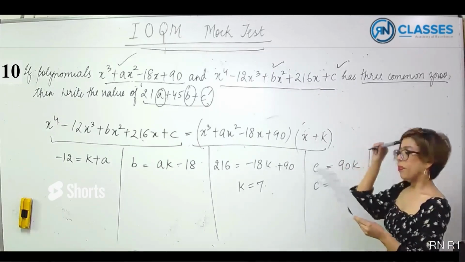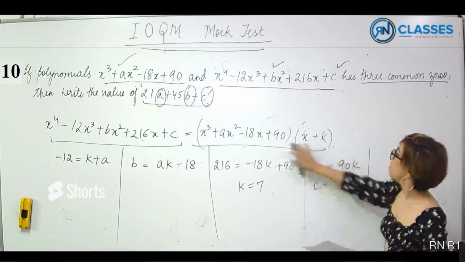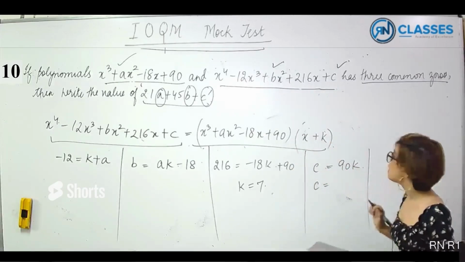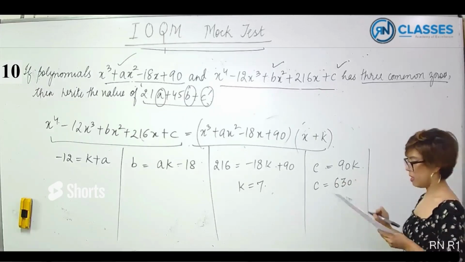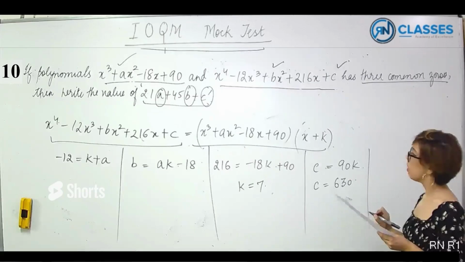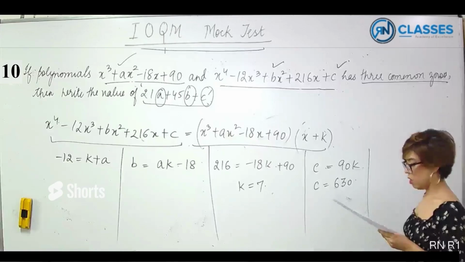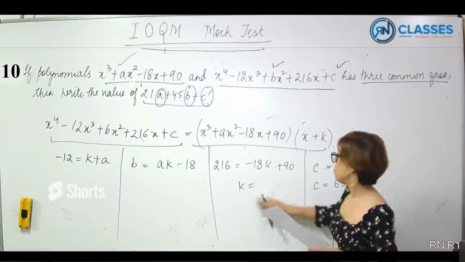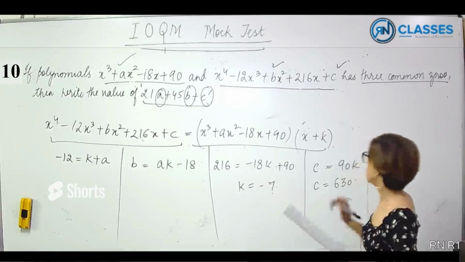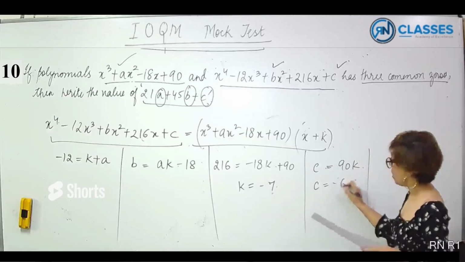Then, this is 90k, that is c. c turns out to be 630. Why is minus 90k coming for me? How did this happen? Minus 90k is written. k is actually turning out to be minus 7 from here. Yes. c will turn out to be minus 630.